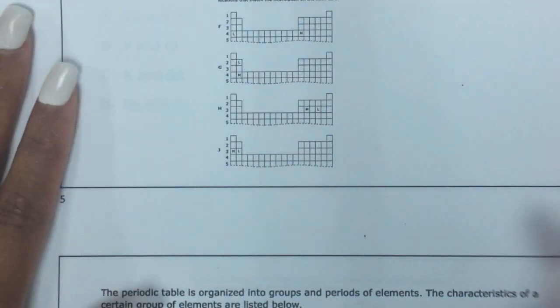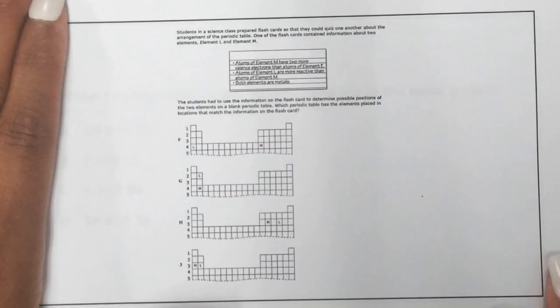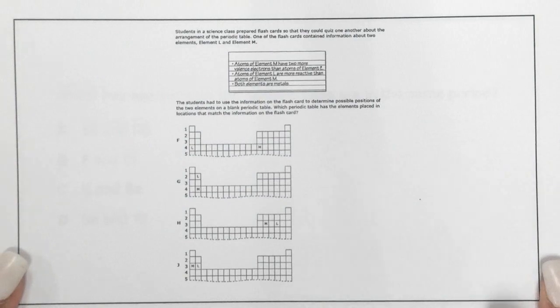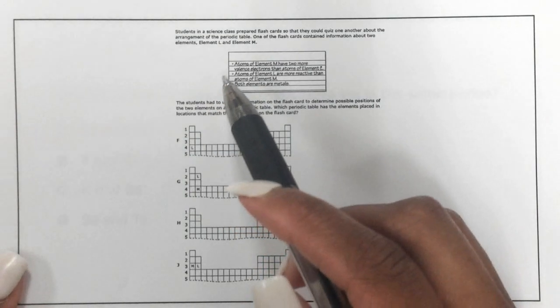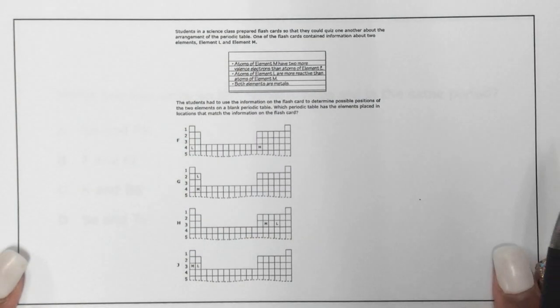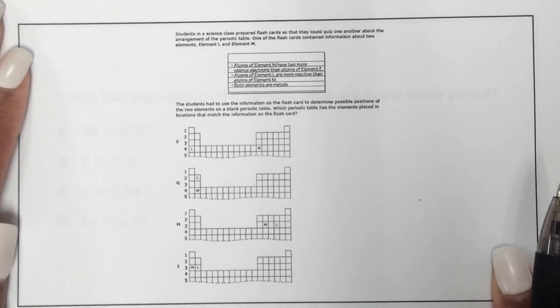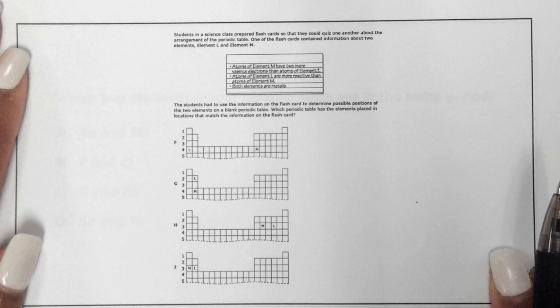Okay. Next question that we did today in tutorials. And these questions are all online, and I've already showed you guys how to access that. Students in a science class prepared flashcards so that they could quiz one another about the arrangement of the periodic table.